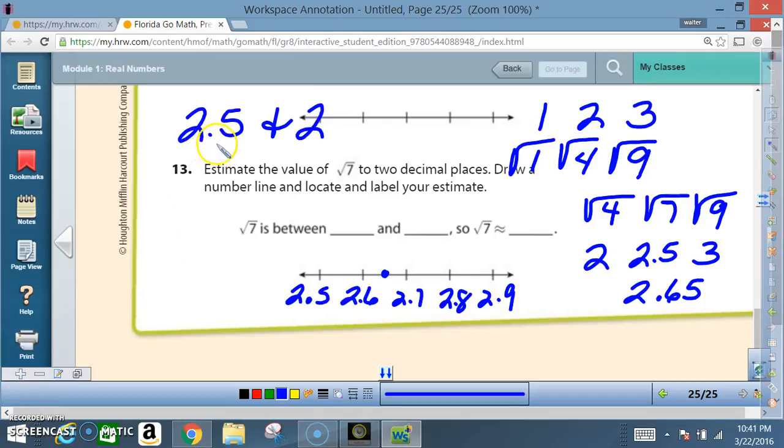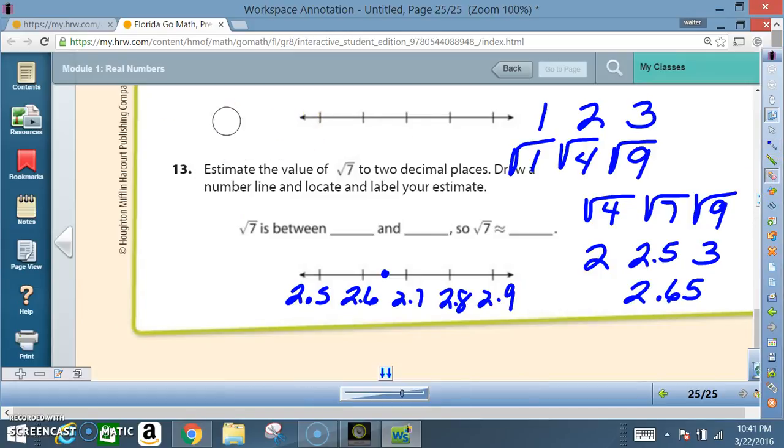Okay, now the way I came out with the 2.65 was, remember I said that the 7 was closer to the 9. So that rules out 2.5. It has to be greater than 2.5.